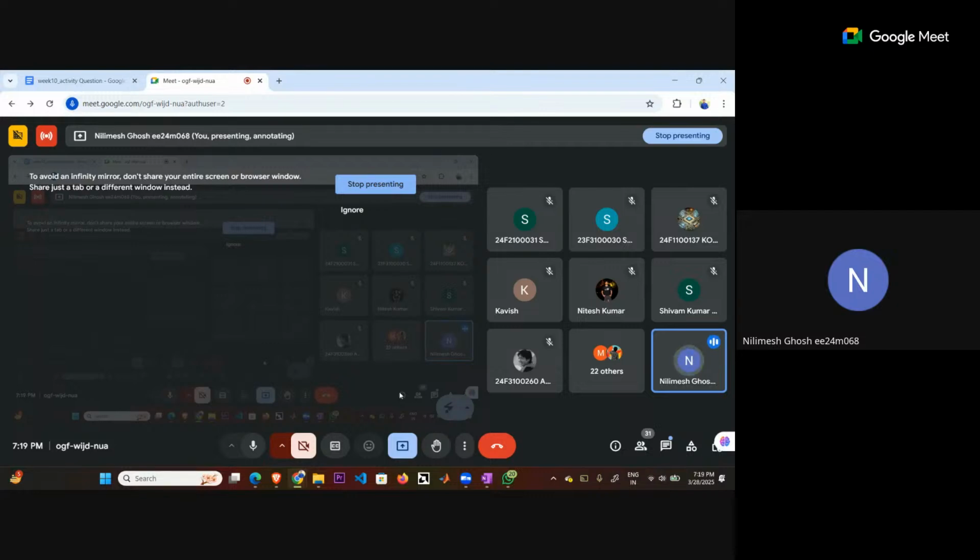I'm giving these concepts outside of this activity question discussion because for an undergrad level course, if you know this kind of concepts, ultimately you have to get some job, right? These kinds of questions are asked in interviews also, and MOSFET is one of the favorite topics of interviewers.